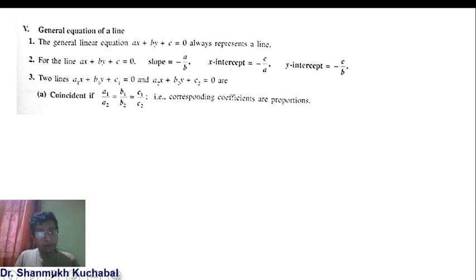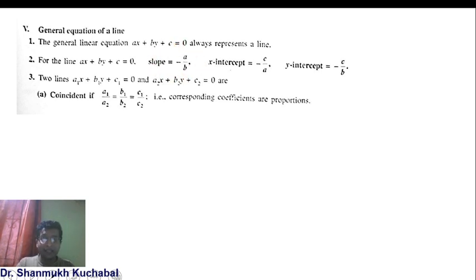The general linear equation is ax plus by plus c equal to 0. It always represents a straight line, because, as I told you, the variables x and y and the constants a, b, c are all raised to power 1, therefore all are linear, so this is a straight line. The slope of this line is given by the formula minus a by b, which is very important.